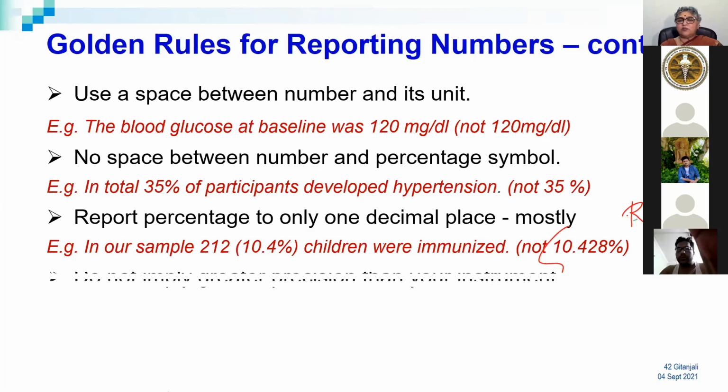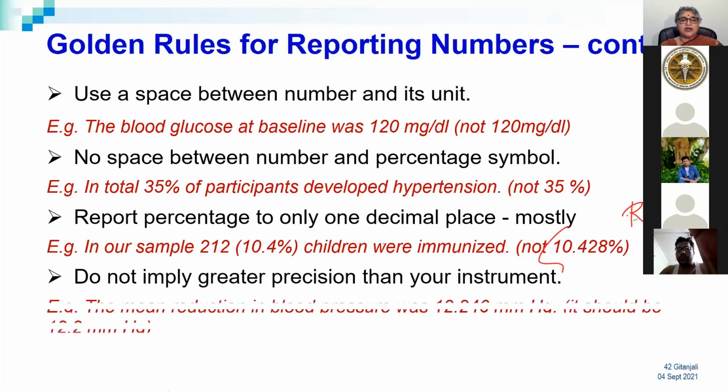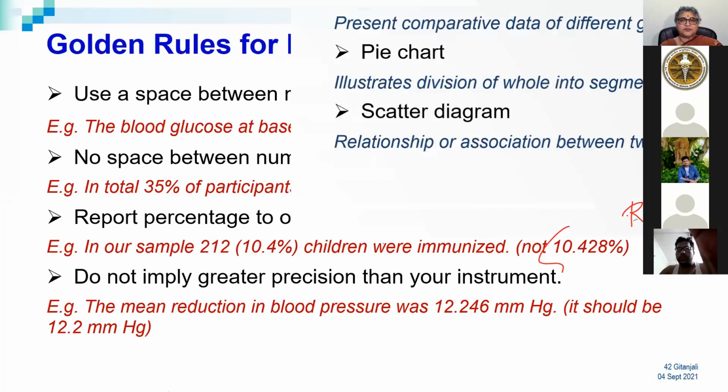You don't have to say 10.42, and don't imply a greater precision than your instrument. There's no point saying mean reduction in blood pressure was 12.2246 millimeters of mercury. I am very particular about this, because you will find people reporting to 3 decimal places and all that. That is not at all required.